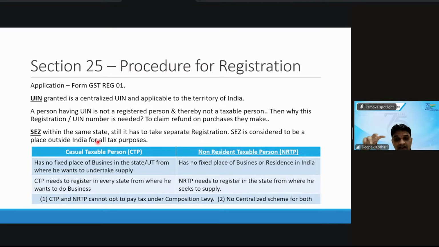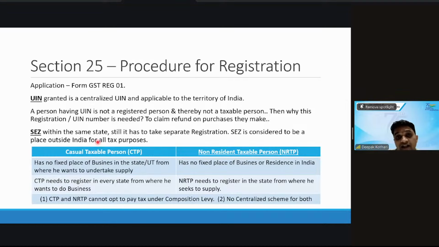Can I take one registration in that state and say SEZ is one branch and domestic is one branch? No. Even if it is in the same state, you will have to take separate registration for a SEZ unit. So SEZ is considered to be a place outside India for tax purposes.